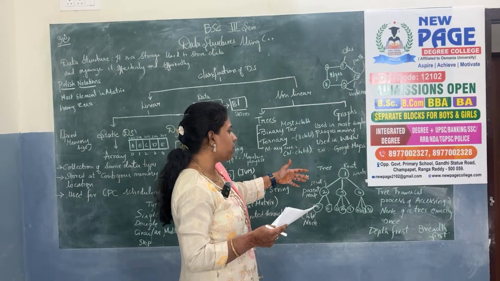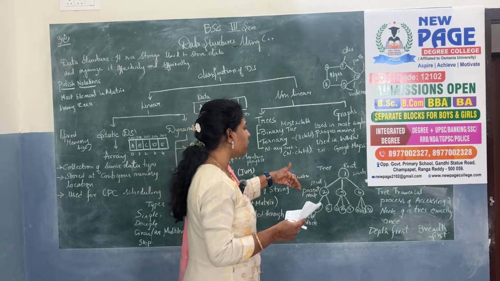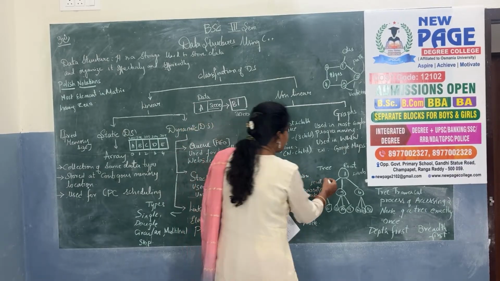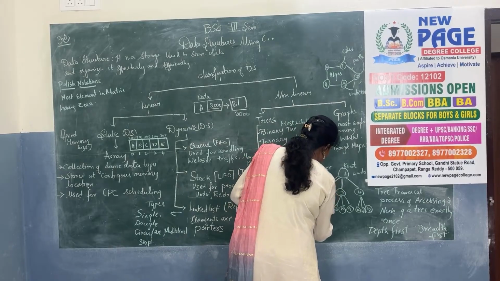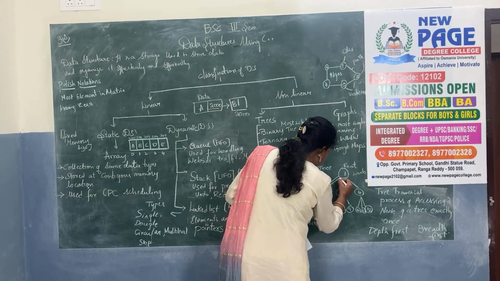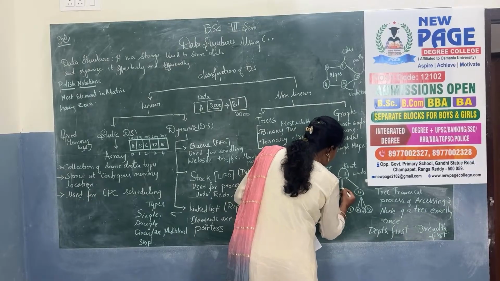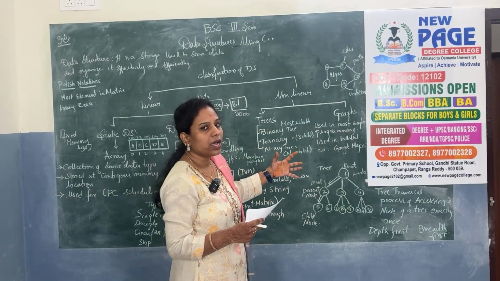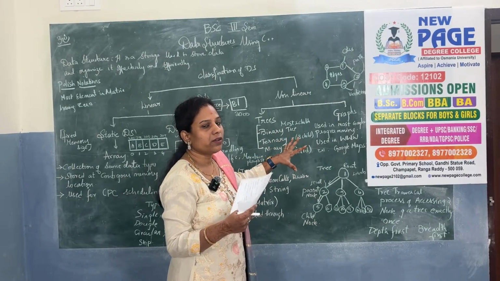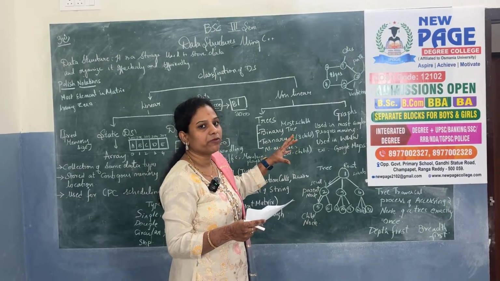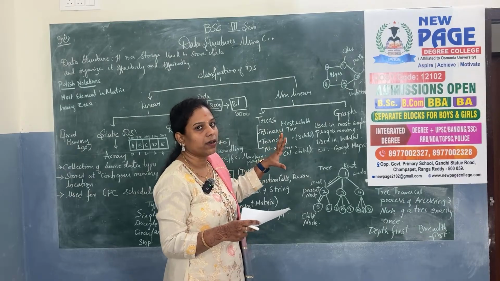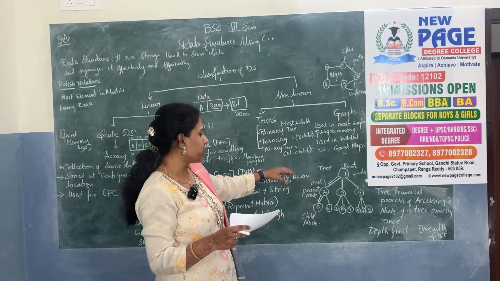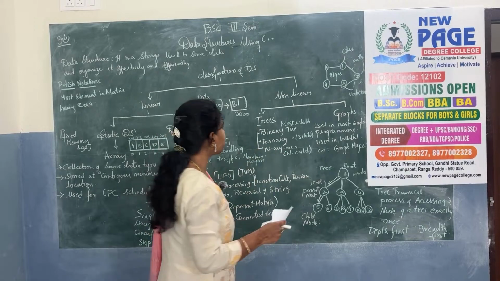So what is depth first? It can be accessed like this, then it goes to the other node. So this is the node. How can we access each node at least once? We check whether each node has been accessed at least once or not in depth first and breadth first.